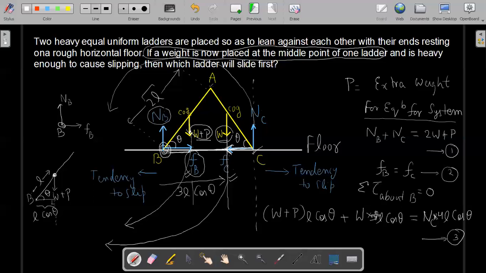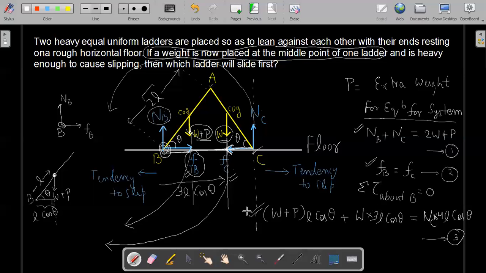So here we have now three equations. First equation is the balancing of forces in the vertical direction. Second equation is the balancing of force in the horizontal direction. And the third equation is balancing of torque about my chosen point B.